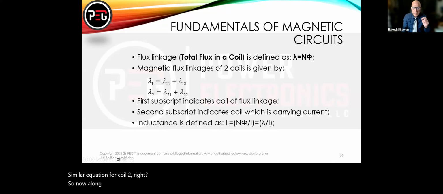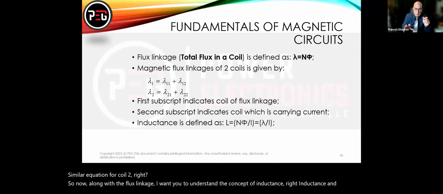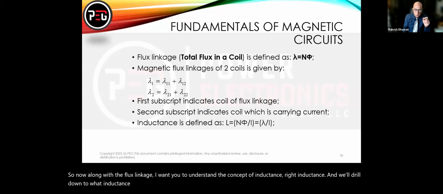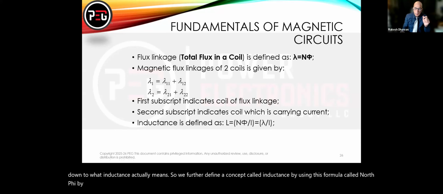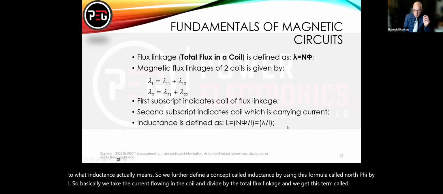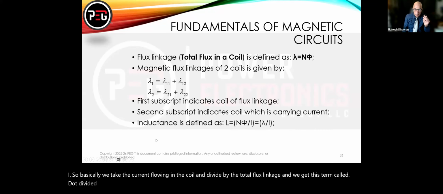So now, along with the flux linkage, I want you to understand the concept of inductance, and we'll drill down to what inductance actually means. We further define inductance by using this formula, N phi by I. Basically, we divide the total flux linkage by the current flowing in the coil, and we get this term, lambda divided by I. All right.